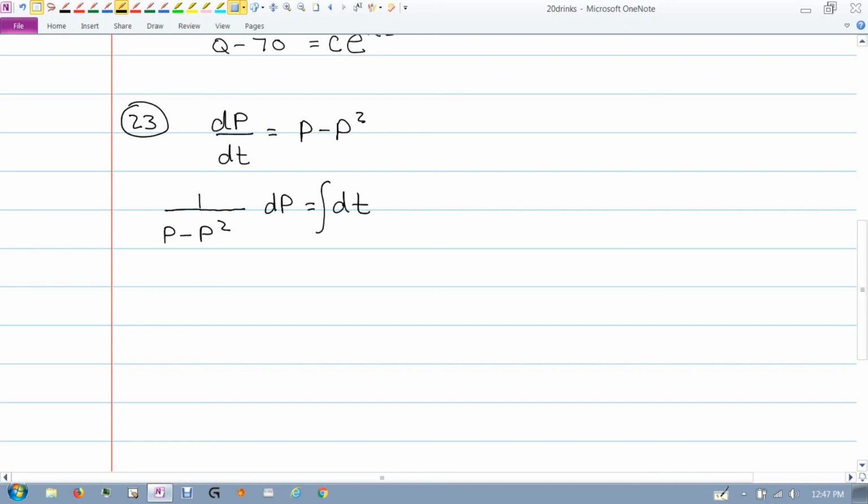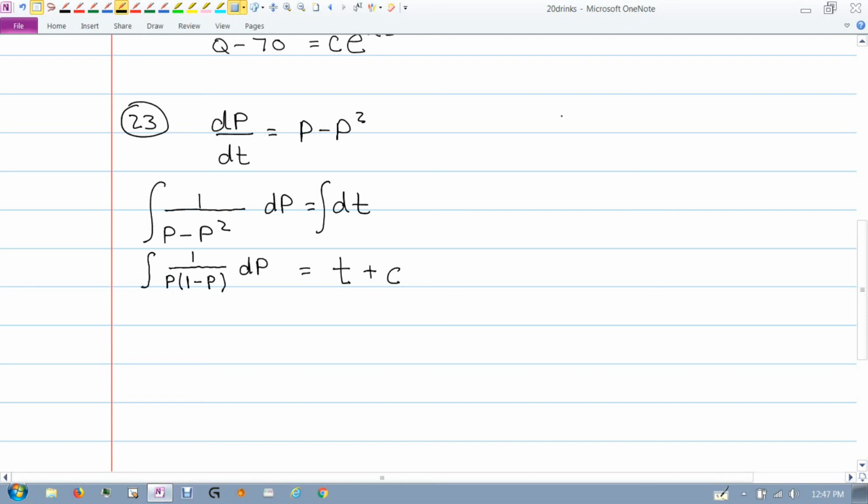And now we get to integrate. Now the right hand side is t plus a constant, no problems. But the left hand side is the integral of 1 over P minus P squared, and that is not a familiar formula or anything. So I'm going to factor out a P on the bottom.